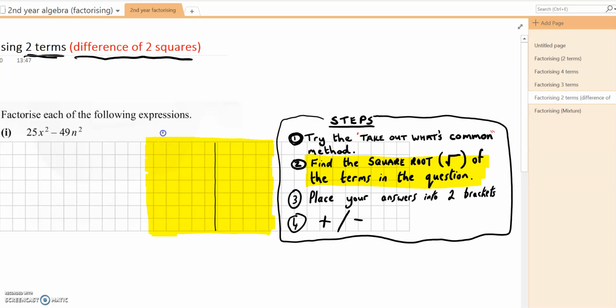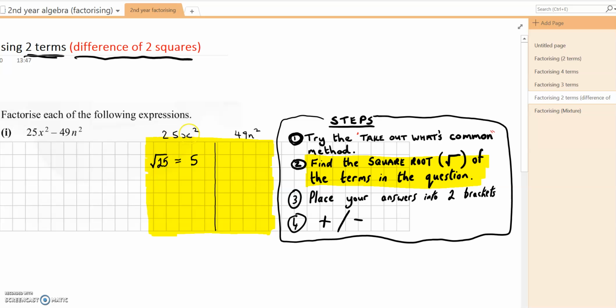So we've got 25x squared. We're going to do it over here in this yellow box. And we've also got 49n squared. Right, what's the square root of 25x squared? Well, let's just worry about the number first of all. What's the square root of 25? 5.